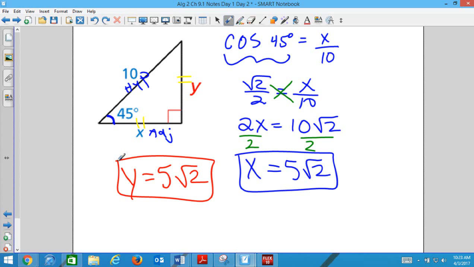Then you've got to put the opposite over the hypotenuse. It's a little bit more challenging than the examples we just did.